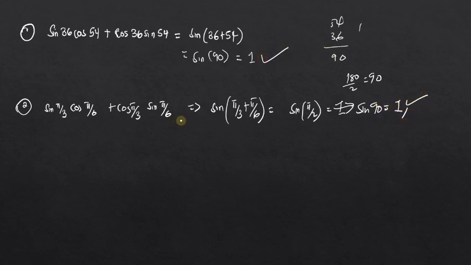Now let's take a few more examples. Let's see how the cos questions will look. Let's say you have cos 42 degrees cos 18 degrees minus sine 42 degrees sine 18 degrees, right?